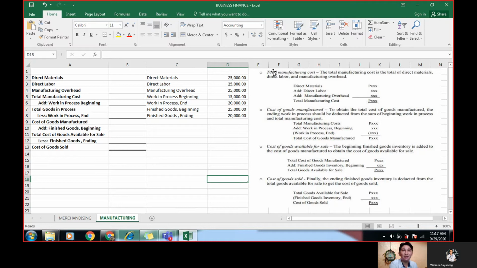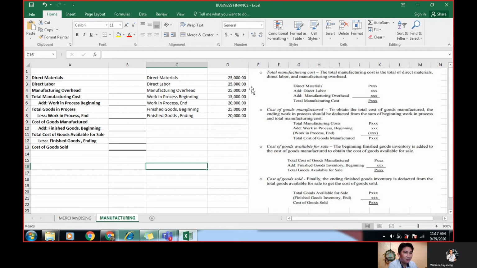Okay, and the manufacturing overhead. Okay, so in manufacturing overhead, ano ba yung mga non-traceable items or indirect materials and indirect labor that is still part in making your product? So those are manufacturing overhead. Okay? So if you're going to add that, you could get your manufacturing cost.